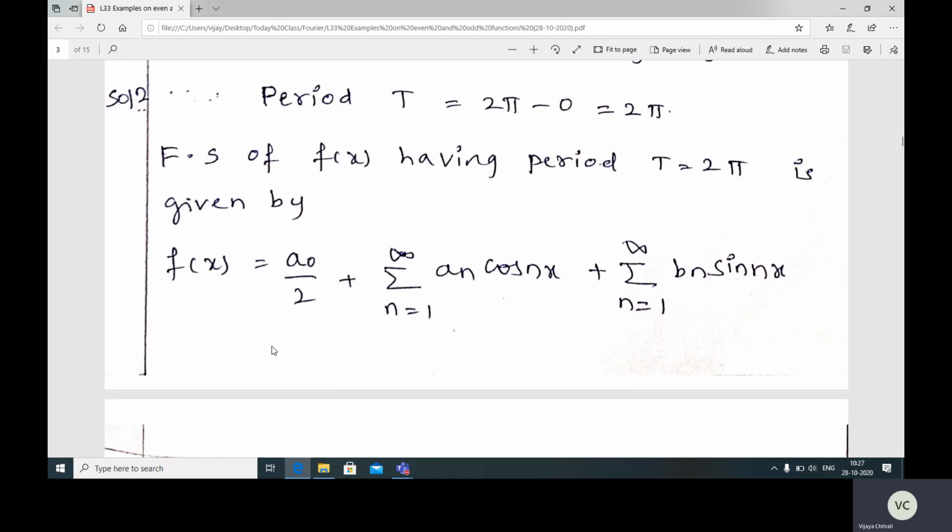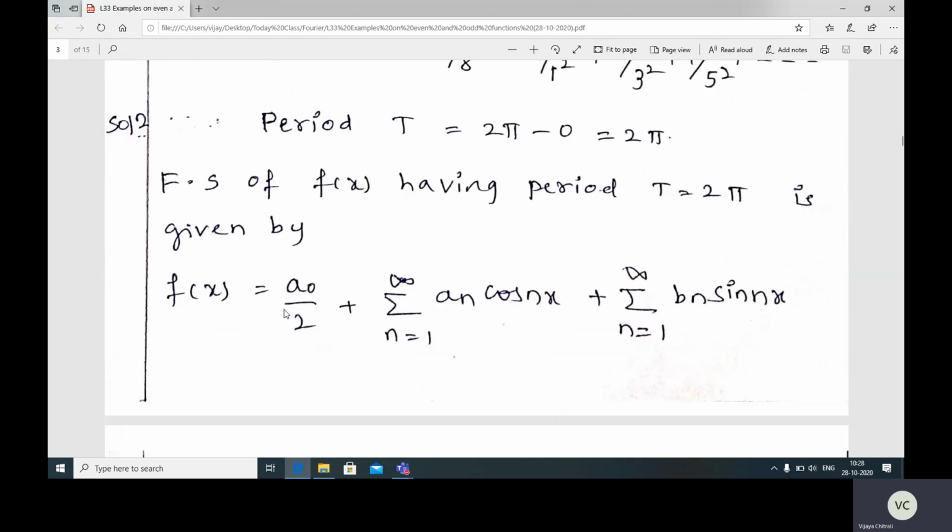You may get an even function or an odd function, or you may get neither even nor odd function. Such a possibility is also there. In such cases, if the given function is neither even nor odd, you need to calculate all three constants a naught, an, bn.